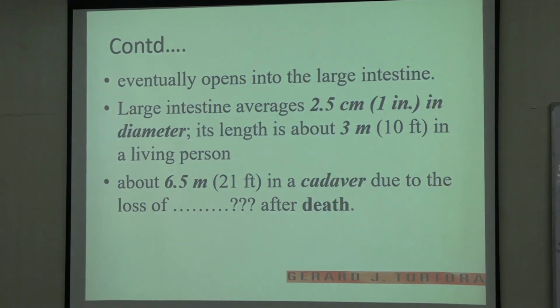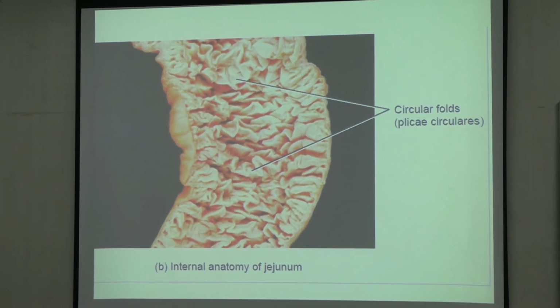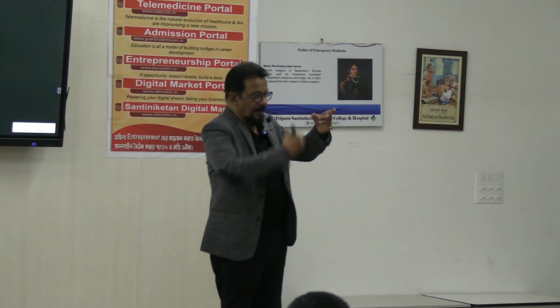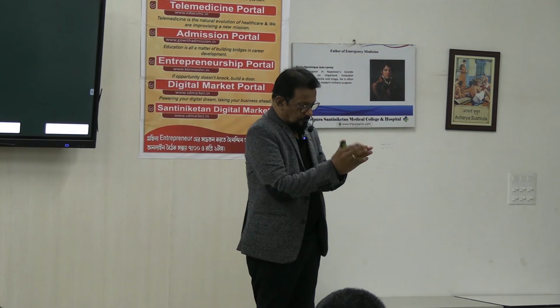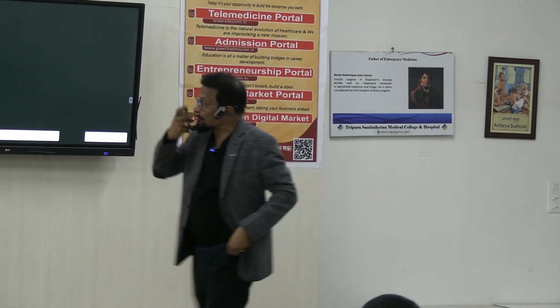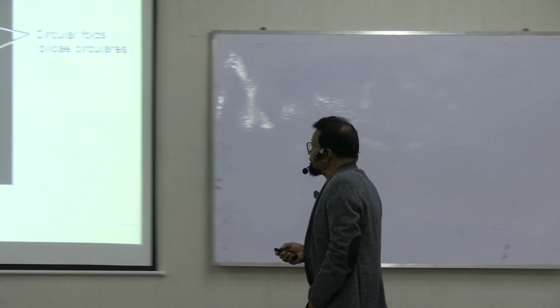If we go through the small intestine, and we have taken a section longitudinally, there will be two halves. If you look at the inner surface, what will you find?